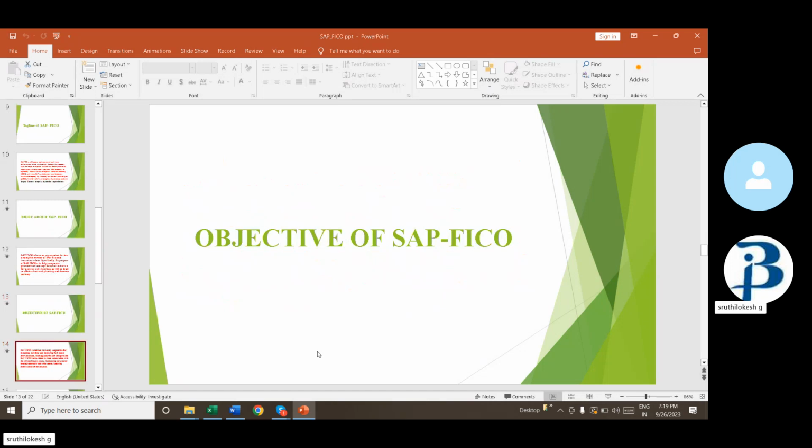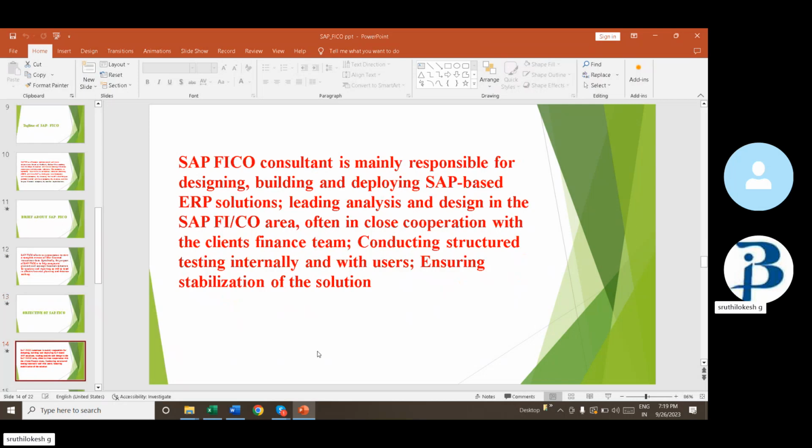Next, objective. It is mainly responsible for designing, building, and deploying SAP-based ERP solutions. For deploying SAP-based ERP solutions, we use all the solutions, or if we get any error, here in SAP we have two types: one is the SAP analyst and the other is the end user.